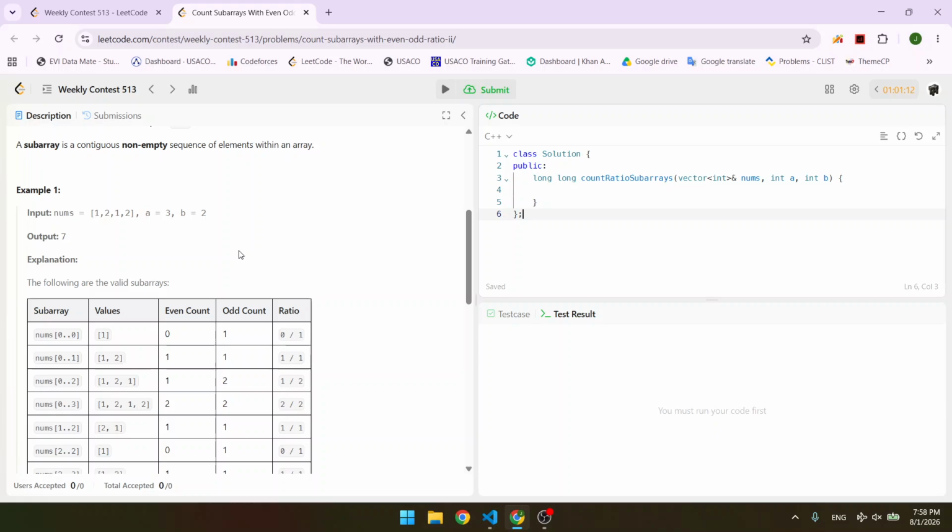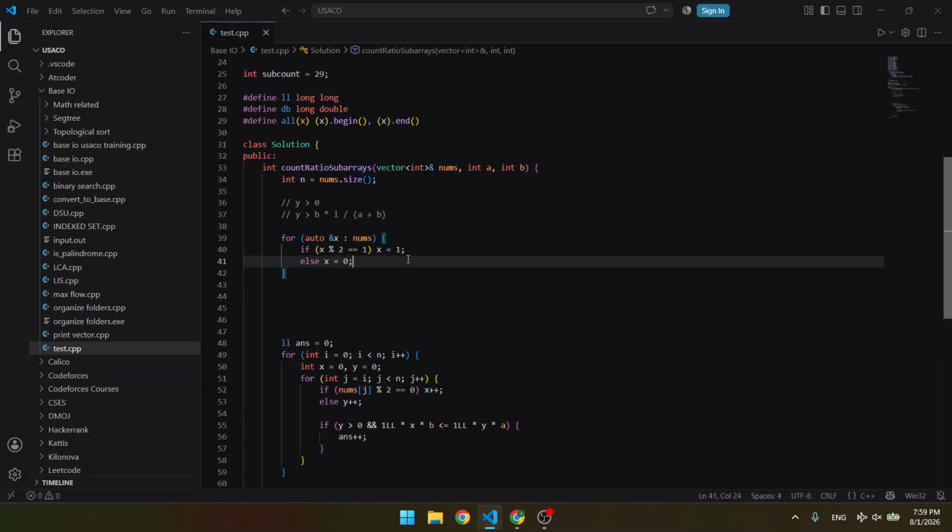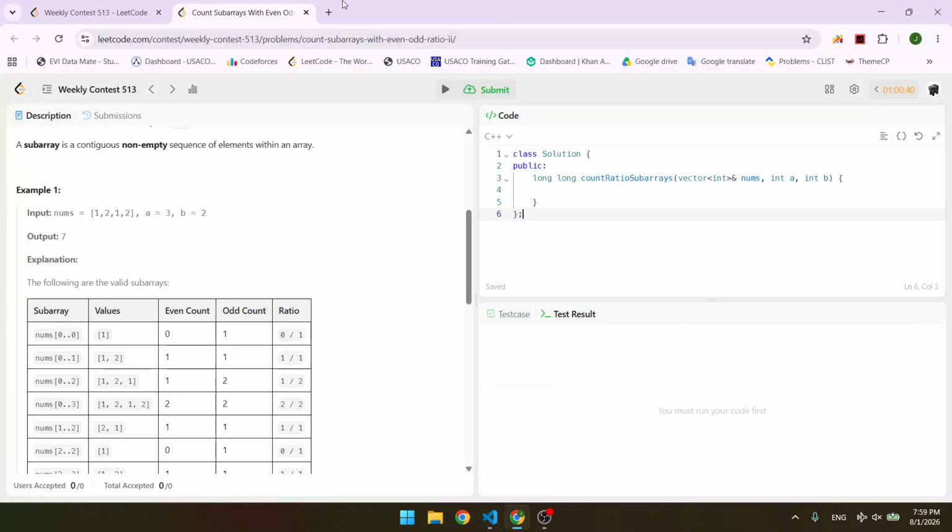X more than or equal to a over b times y. Oh, so the number of subarrays such that, okay. Negative b. Now it turns into a times y minus b times x greater than 0. Number of subarrays with sum greater than 0.